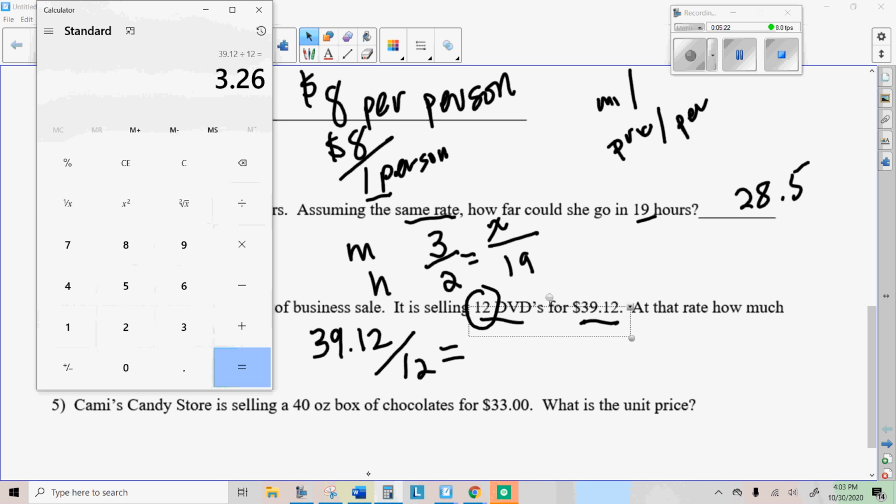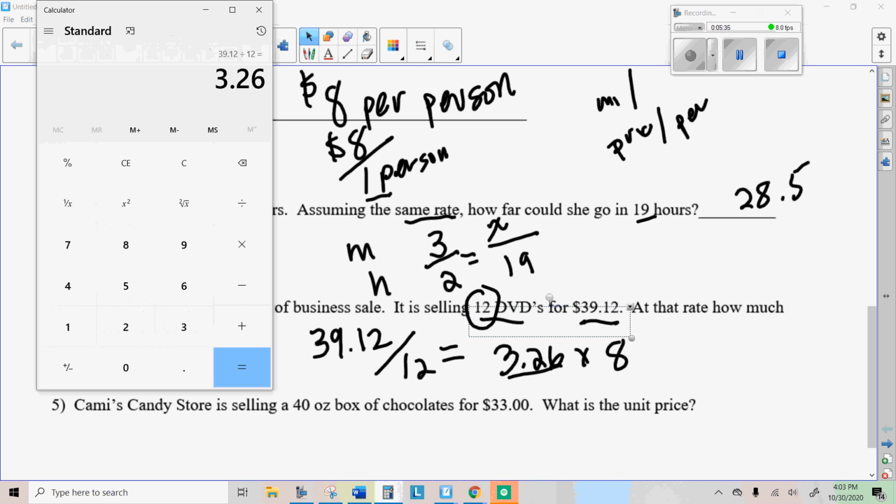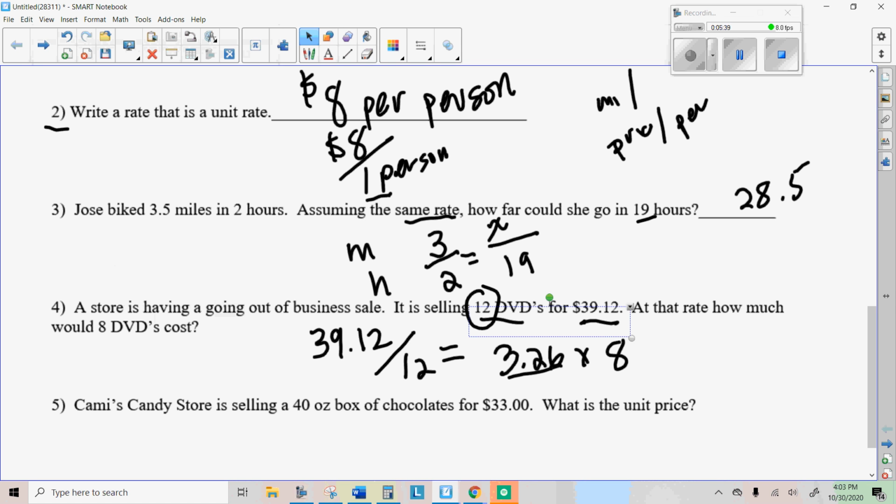So I'm finding the unit price, which is $3.26. And then since I want 8 of them, I'm just going to multiply that by 8 because this is the price per one. And that would equal $26.08.